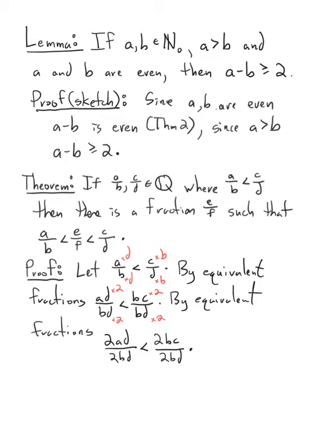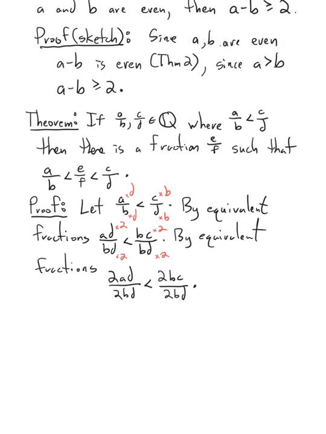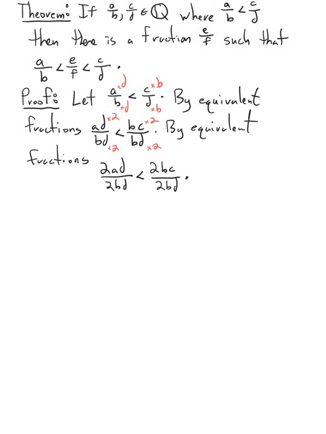Okay, now that we're back, let me scroll up here. If we look here, 2AD, these have the same denominators, so we can just compare numerators. If the left-hand fraction is less than the right-hand one, and the denominators are the same, it must mean that the left numerator is less than the right numerator.